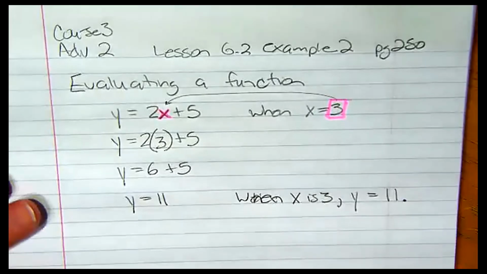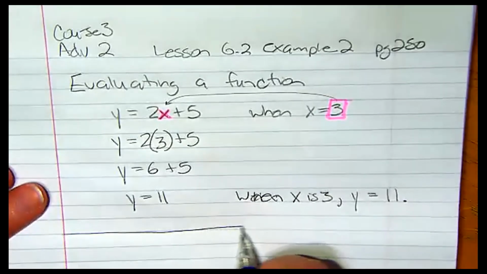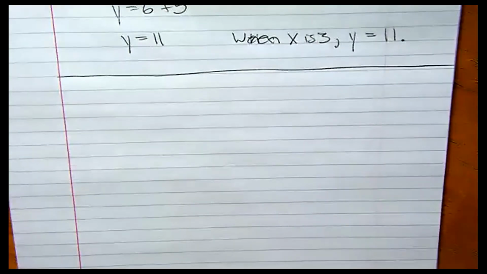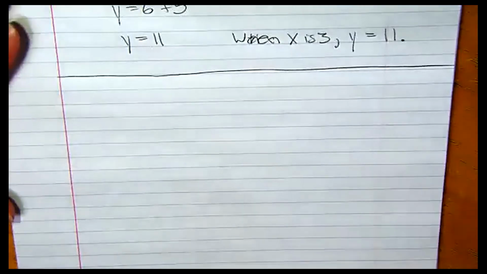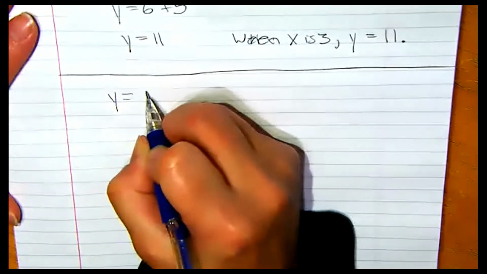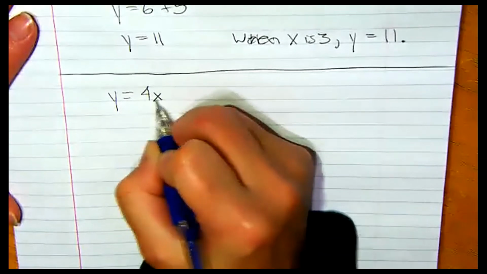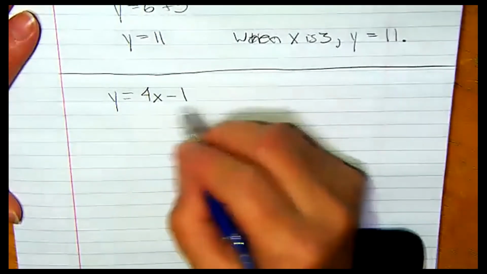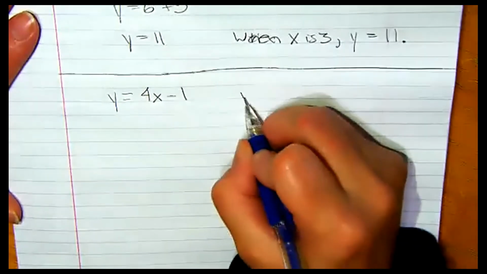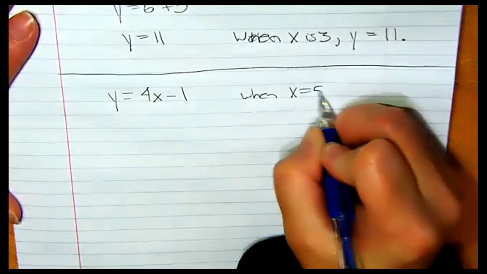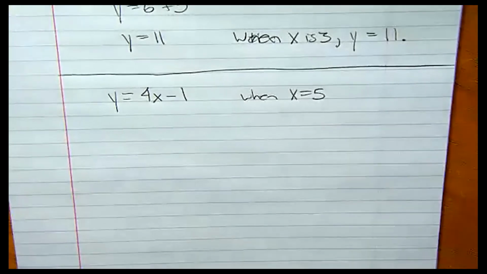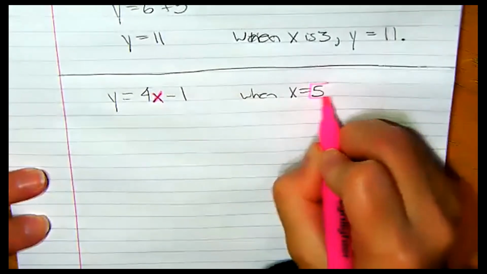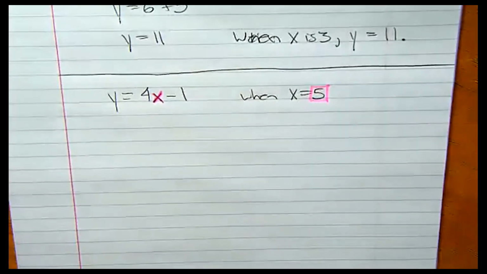So let's do another one. The book will give us the equation y equals 4x minus 1. And they want us to evaluate this equation when x equals 5. So everywhere where I see an x, I want to substitute 5.